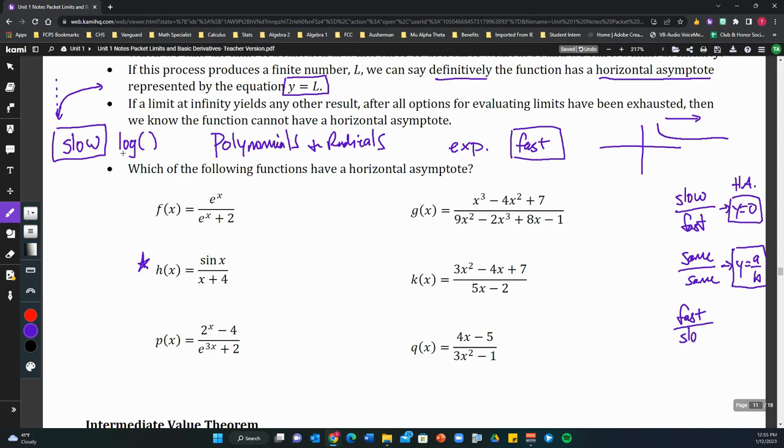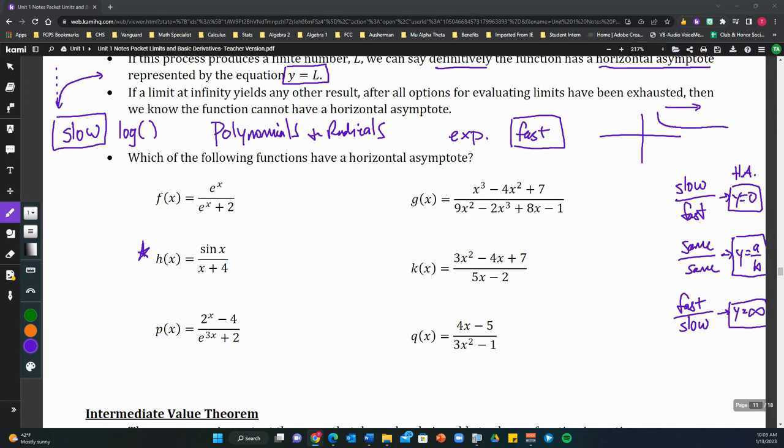When I have a fast-growing function over a slow-growing function, that's the exact opposite of the first one. As you start to piece together these limits, you're going to realize that the reciprocal of 0 in many cases is represented as infinity. So 0 represents the infinitesimally small, and infinity represents the infinitesimally large values.